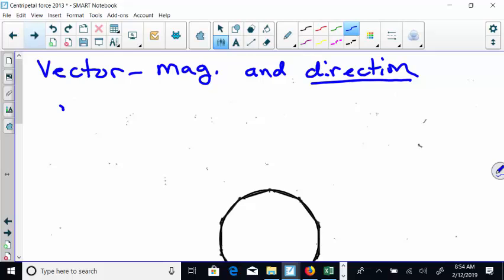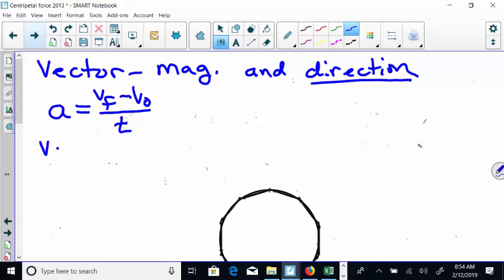So we go back and look at the acceleration equation. Acceleration is v final minus v initial divided by time. If you think in terms of a scalar number, this acceleration should be 0 if our velocity is constant.